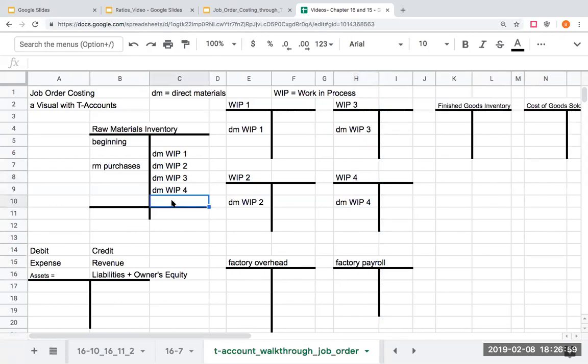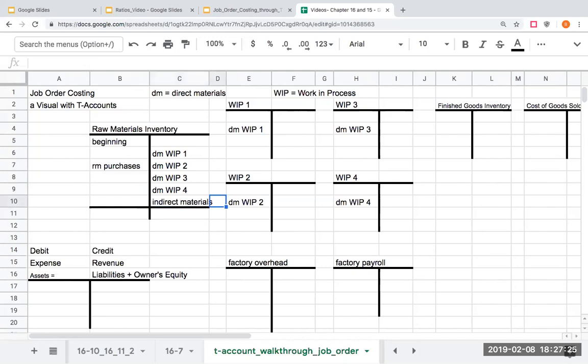Now, what else can come out of raw materials inventory? Sometimes I'm using raw materials, but I can't trace them directly to a job as direct materials. I might still be using materials, but I can't isolate them to one job. What these are called are indirect materials.